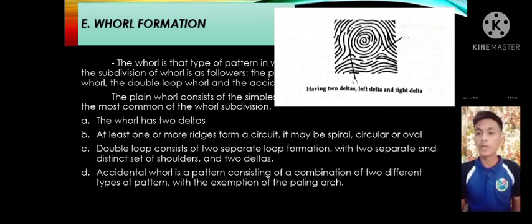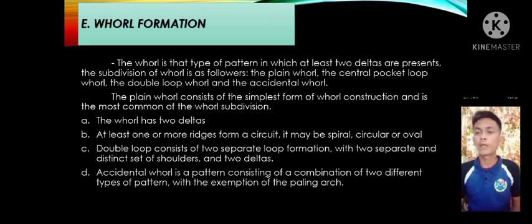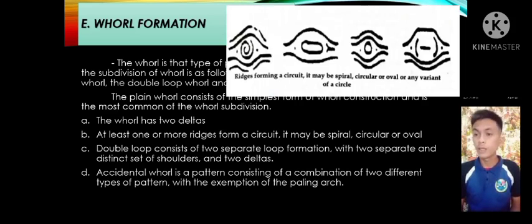Delta, a point in a loop and whorl prints that lies within an often triangular ridge formation. Central pocket loop whorl, a type of pattern that has two deltas and at least one ridge forming a circuit. It may be spiral, circular, or oval, or any variant of a circle.